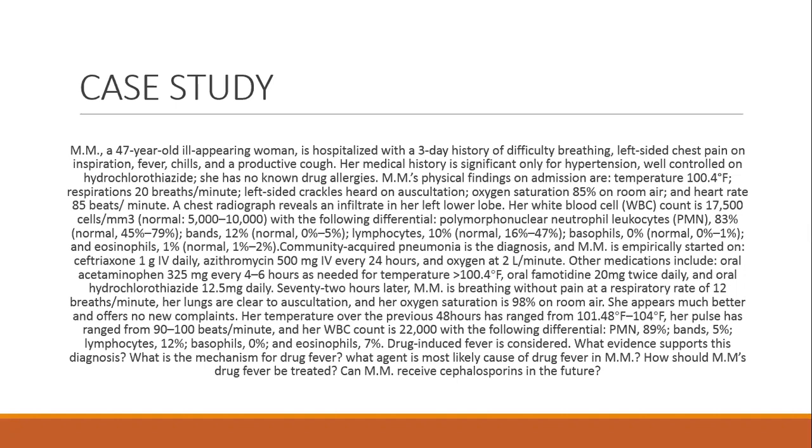MM's physical findings on admission are temperature 100.4 degrees Fahrenheit, respiration 20 breaths per minute, and left-sided crackles heard on auscultation. Oxygen saturation is 85% on room air and heart rate 85 beats per minute.